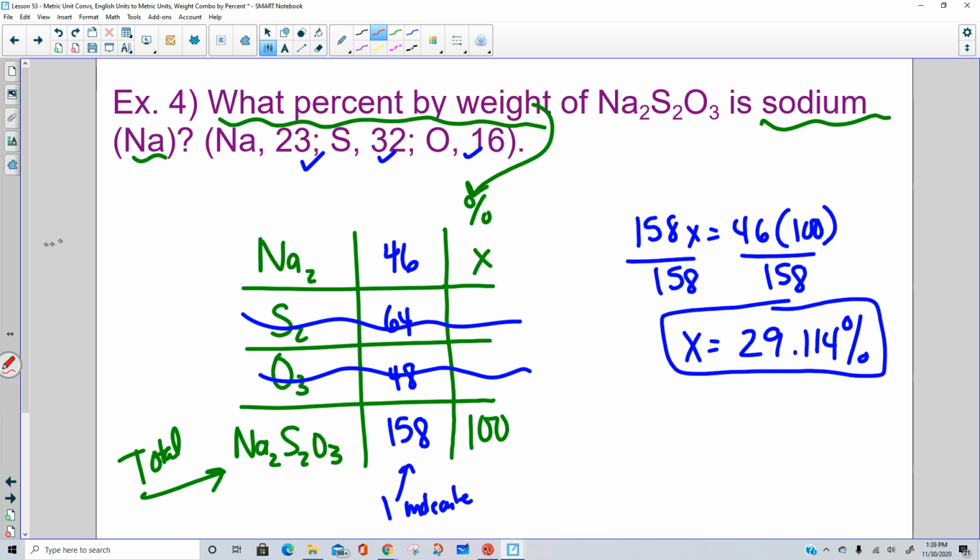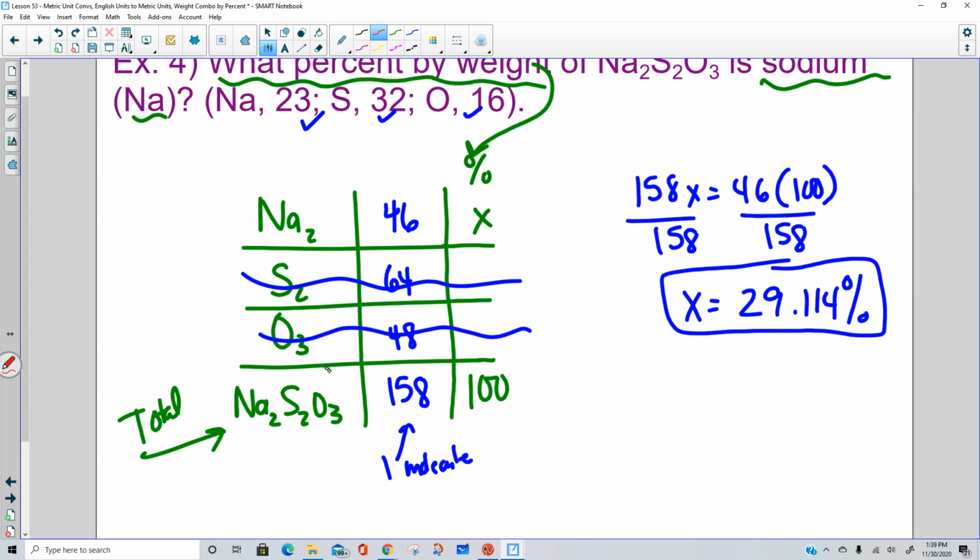The other way you can do this real quick is, you can get rid of this percent column, and then you can just go, all right, sodium over the total, you can do it like that. Sodium is 46 out of a total of 158, and you would get that. That's going to be a decimal, isn't it? Okay, that's going to be 0.29, then you have to convert to a percent, right?